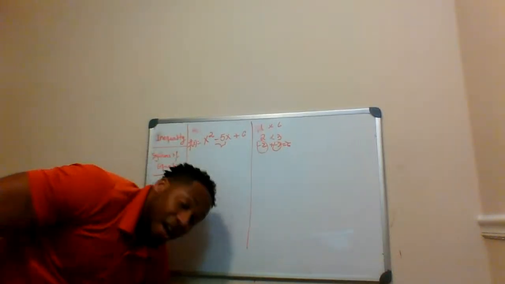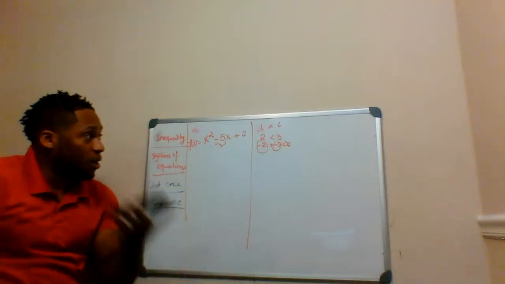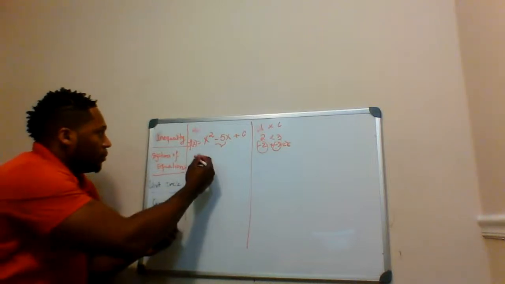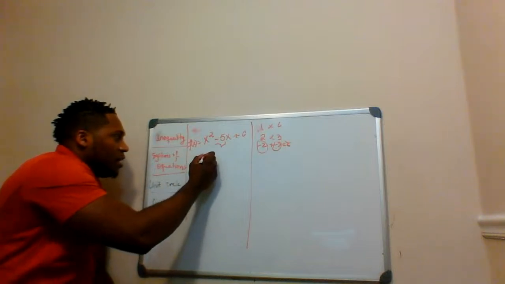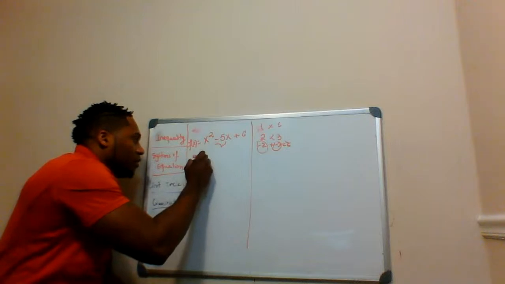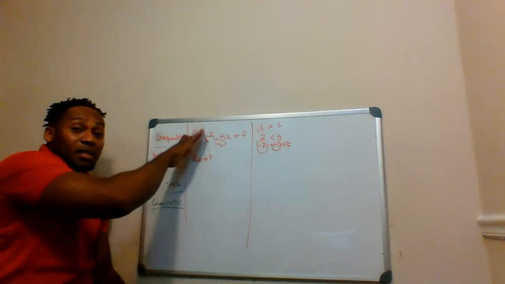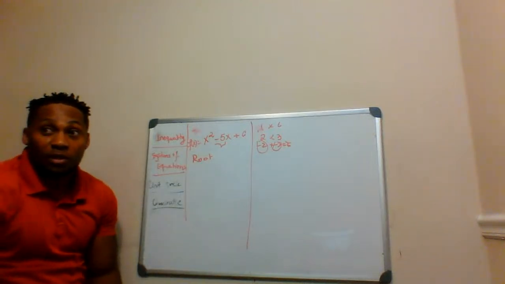If we're going to graph this, what we want to know is the shape. So before I do this, this is equivalent to finding the roots. When I say roots, I mean the numbers that, when I plug them inside this equation, make the equation equal to 0.